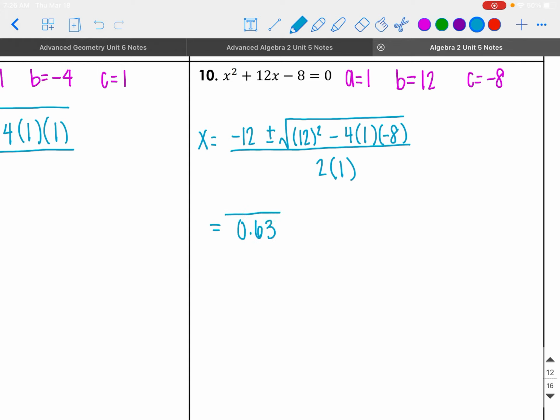And we get 0.63. Changing it to a minus. We get -12.63.